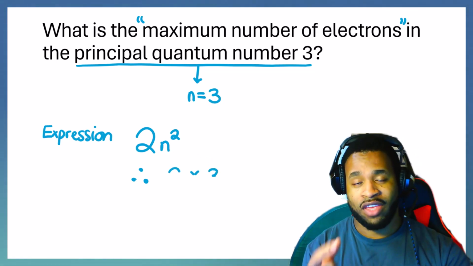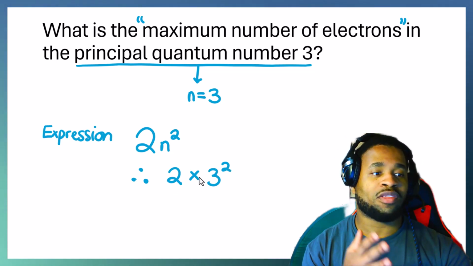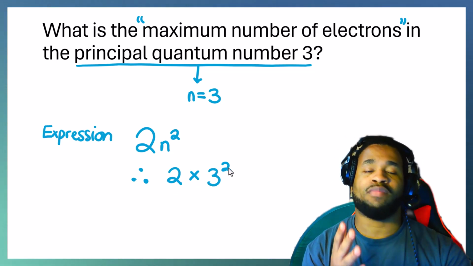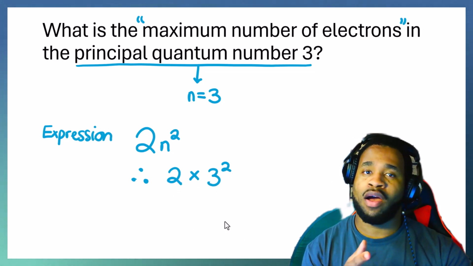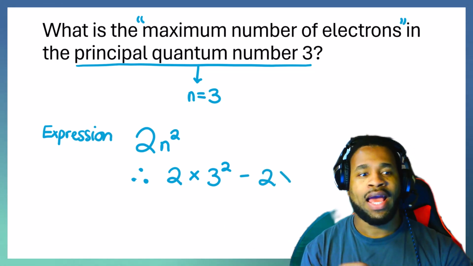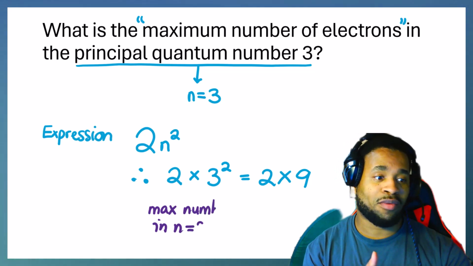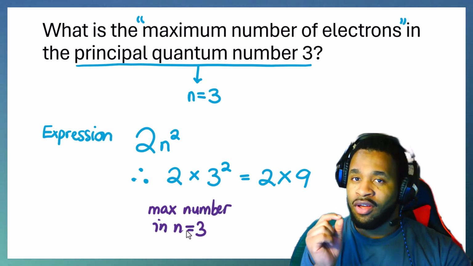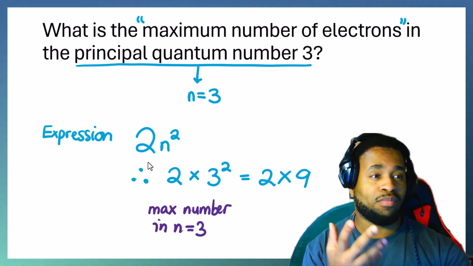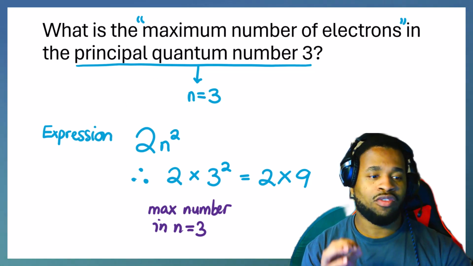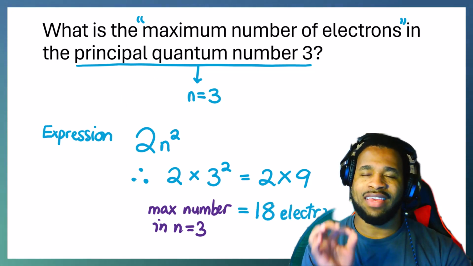What we have here is 2 multiplied by 3 to the power of 2. 3 to the power of 2 gives us 9, and when you multiply 2 by 9, that gives you the maximum number of electrons in n equals 3, the principal quantum number 3, to be 18 electrons.